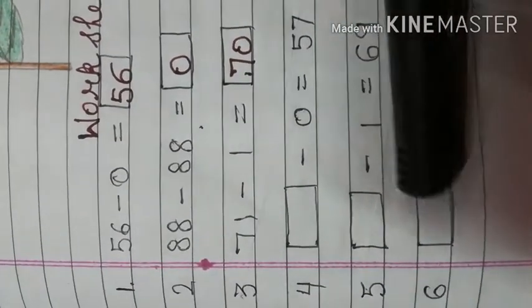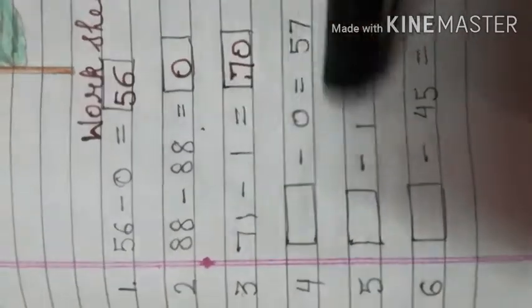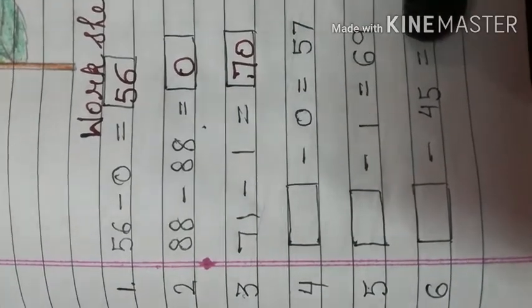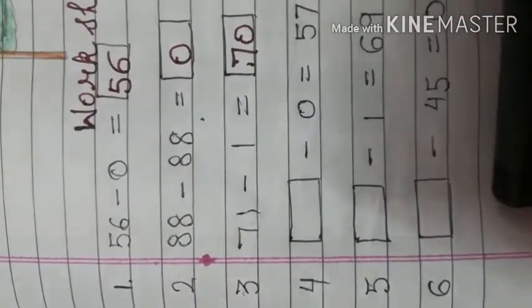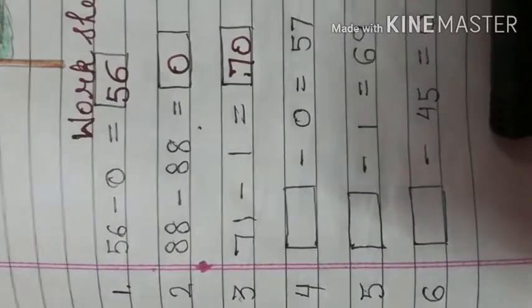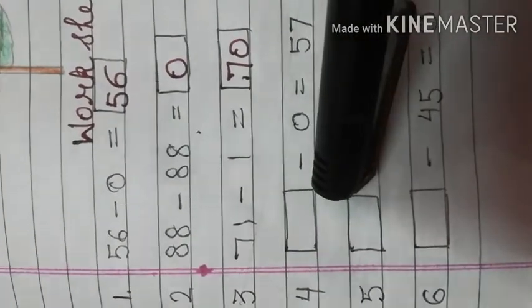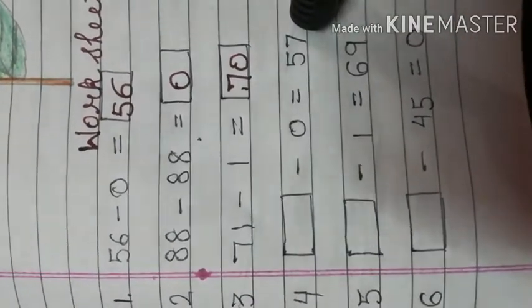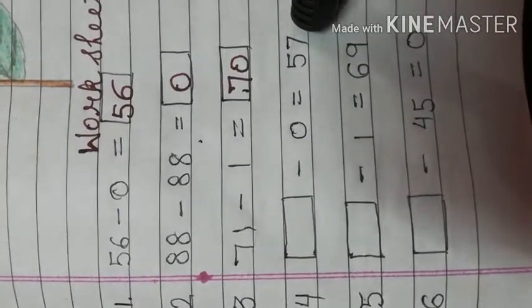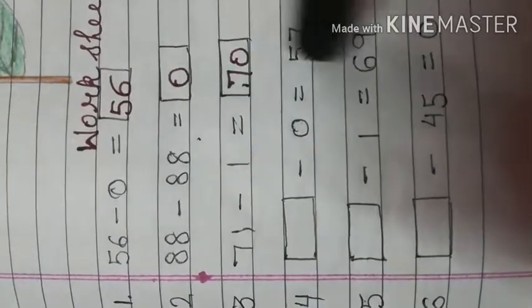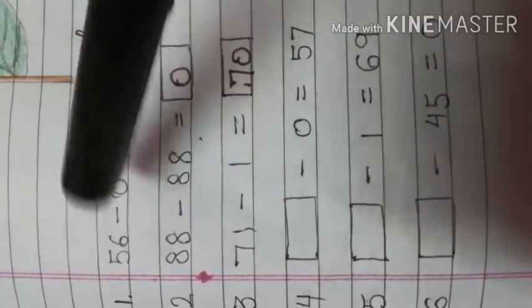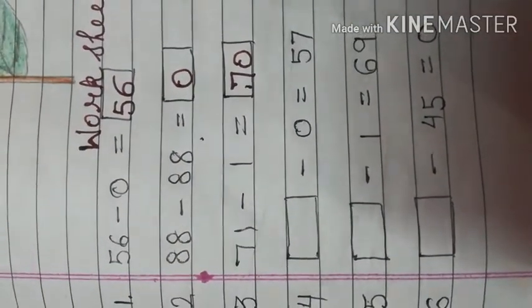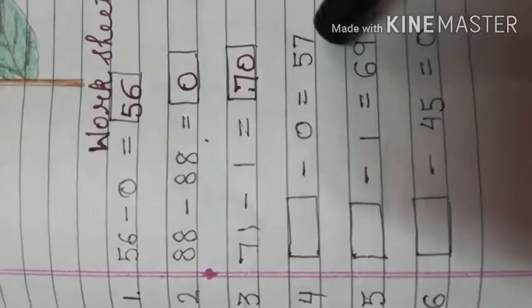Move towards the next question, and that is question number 4. Now in this question, you can see here we have the answer. These three are our answers, and here we have to find out the numbers from which we are subtracting. Like which number should be subtracted here so that our answer is 57. Now we can relate these questions. In the previous one we were subtracting 0, that is why our answer was same. Similarly, here in this question we have the answer 57.